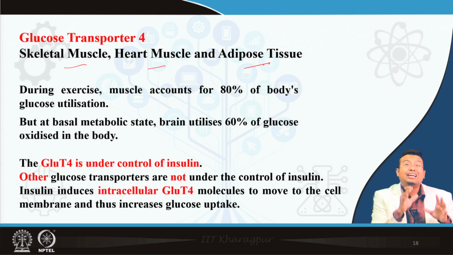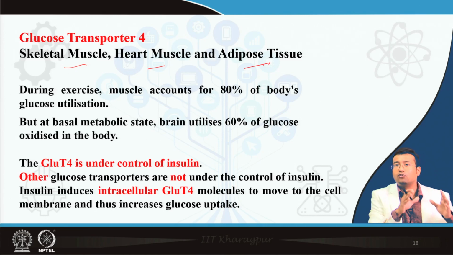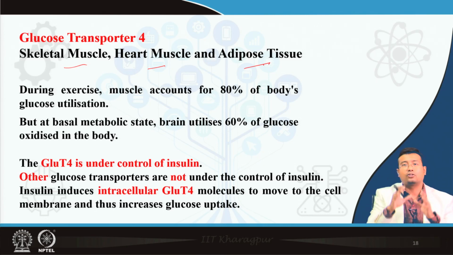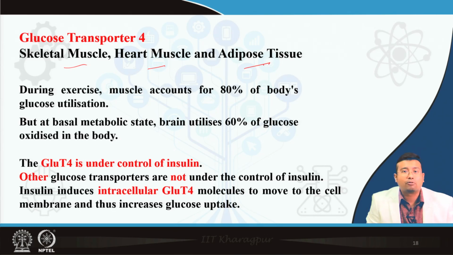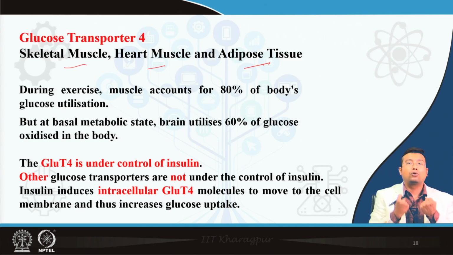Very important, because during exercise, muscle actually accounts for 80% of the total body's glucose utilization. If you have been to any aerobic exercise or gym or any yoga class or any hard work training center, for example, energy drinks are provided that have a lot of ready glucose, because we need more and more glucose in muscle to increase those reps, so that we can build our muscle, right.